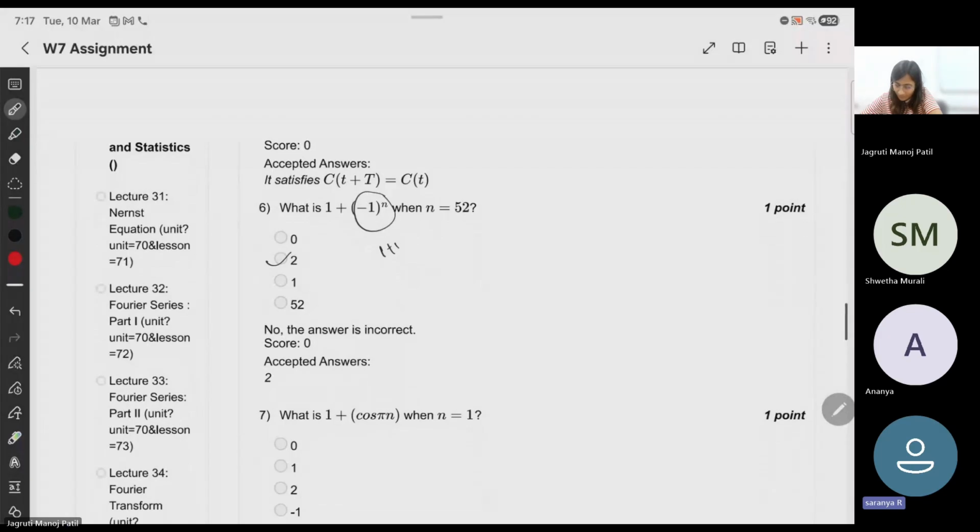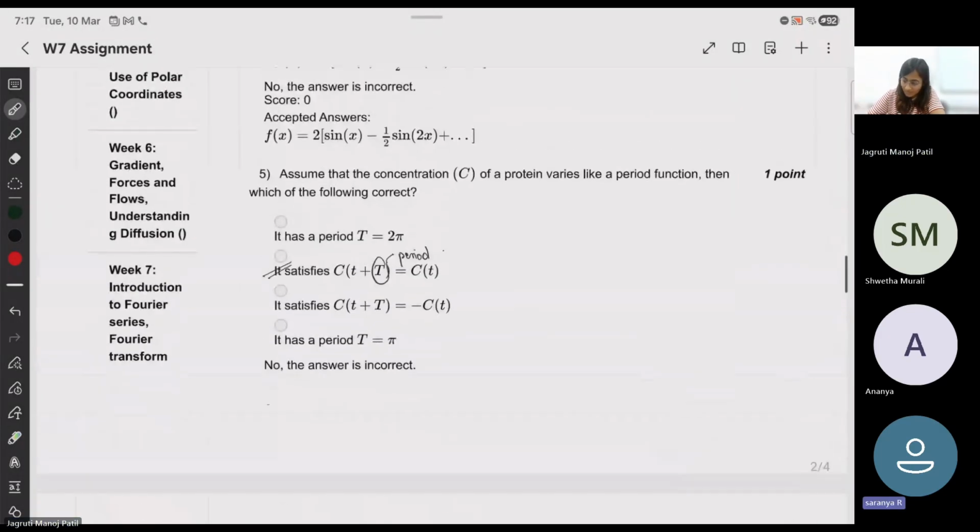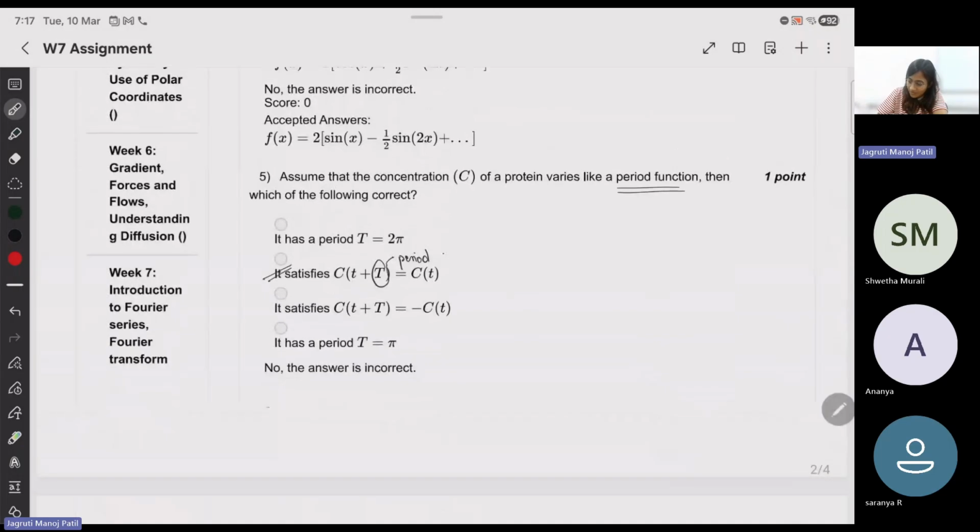Ma'am, can you please explain the fifth question? Fifth question, this one. Yeah. So for a periodic function, let's just look at the sine function. After a point, it's going like this. So this is 0, pi by 2, pi, 3 pi by 2, 2 pi, and then it will repeat, right?